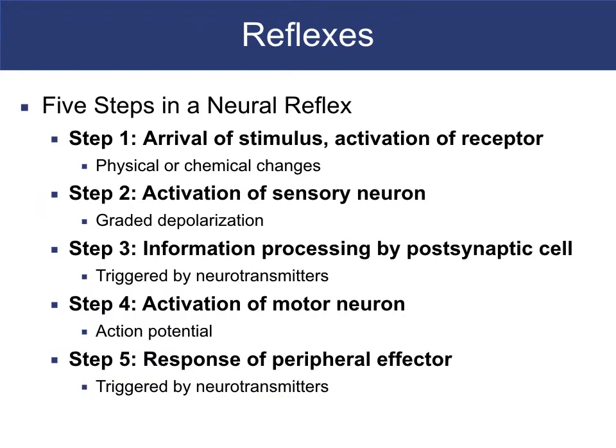Well, let me just say that for a neural reflex to work, you have to have a stimulus. The stimulus arrives, like the pin I stepped on, and that activates a sensory neuron, and that sensory neuron then carries the signal up to your spinal cord, where it processes on a postsynaptic cell.